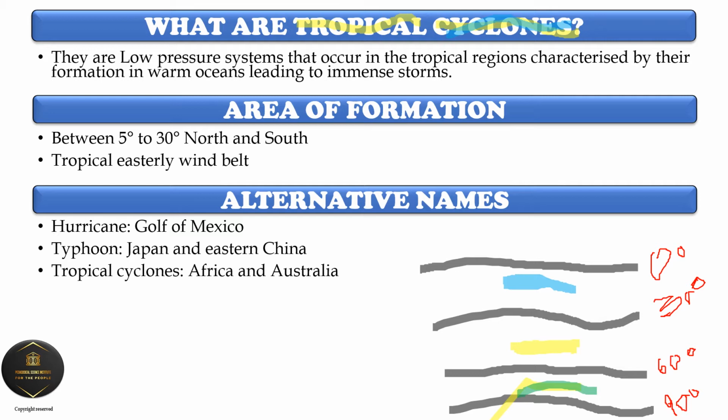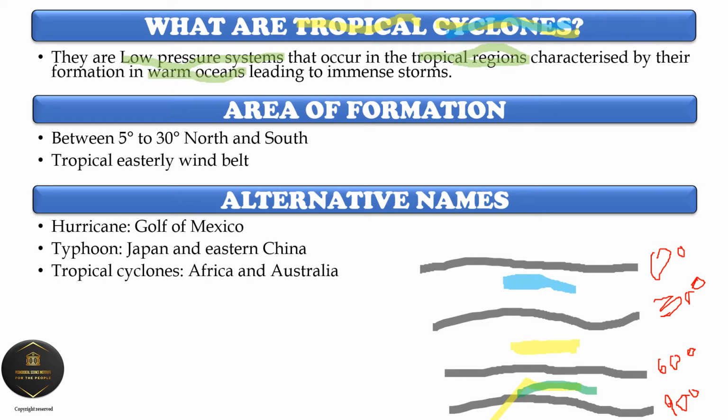Now, looking at our notes in the outline here. A formal definition goes as follows. We say a tropical cyclone, number 1, is a low pressure system because it's a cyclone. Fine. And we say it's a low pressure system that occurs where? In the tropical regions. And we say it is characterized by its formation where? In warm oceans.